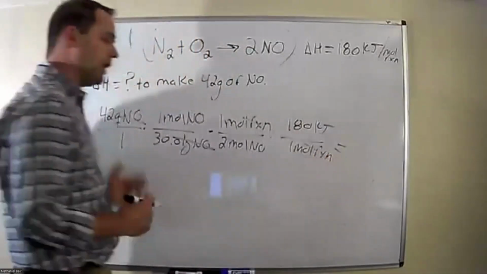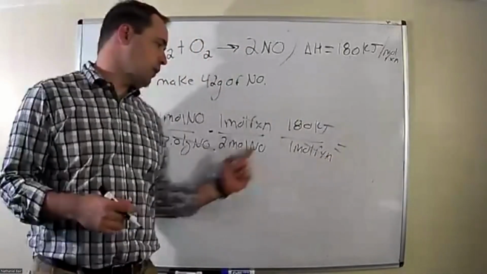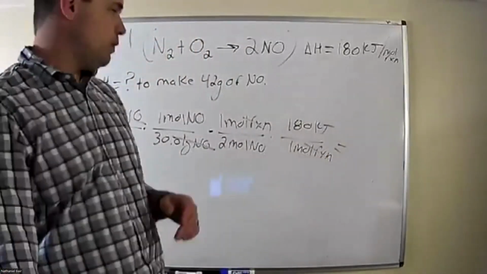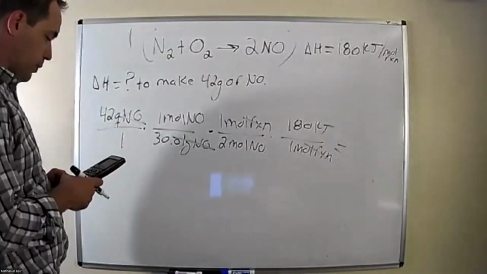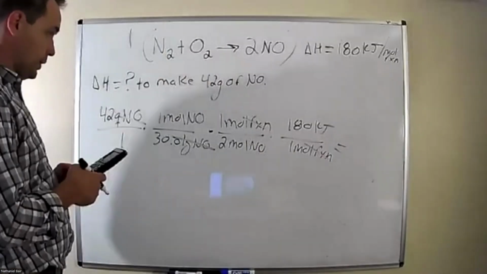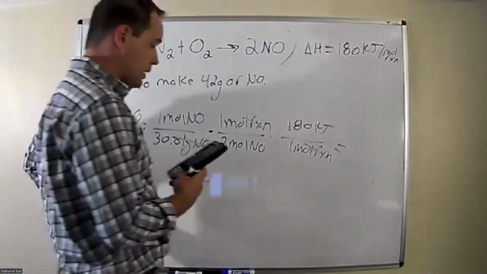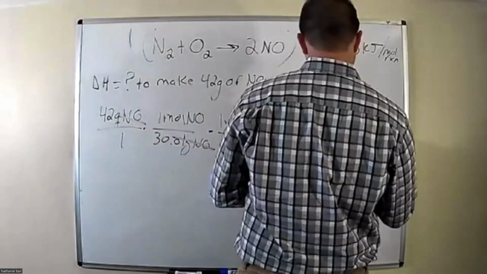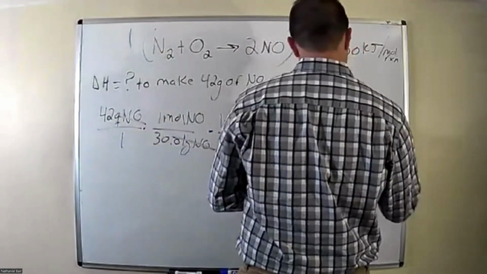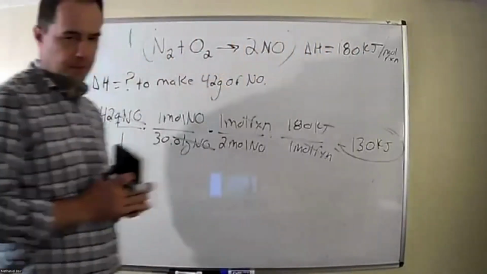Some people like to break it up like that. Some people just like to put that 180 over 2. It's totally up to you, however you want to do it. So here we go. 42 divided by 30.01 divided by 2 times 180. That's 2 sig figs. So 126 becomes 130 kilojoules of energy.